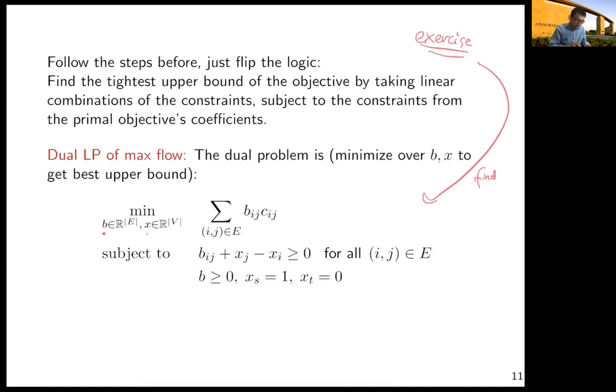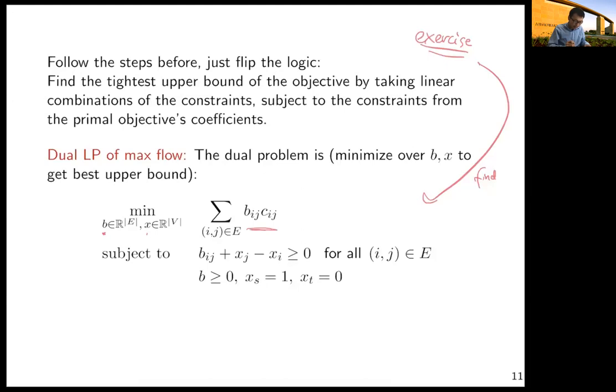Okay, so we are minimizing some non-negative combinations of the channel capacity Cij. Okay. And with some coefficient, and the coefficients need to satisfy the condition that Bij plus Xj minus Xi is larger than 0.